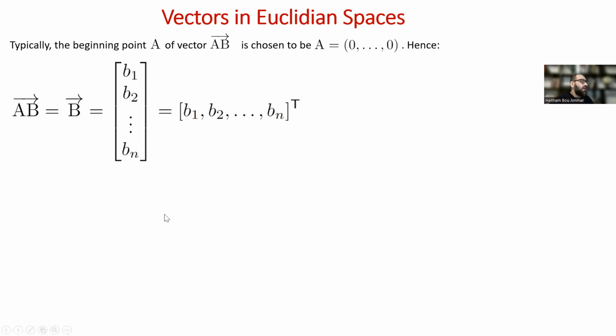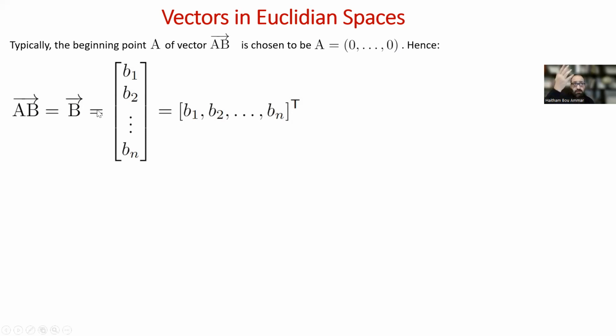So in this case, the point A will be given by zeros everywhere, the point in the middle, 0, 0, 0. And now, if you talk about the vector AB, going from 0 to B, it's really just the vector B. It's an arrow pointing from the center of your Euclidean space to that point B.